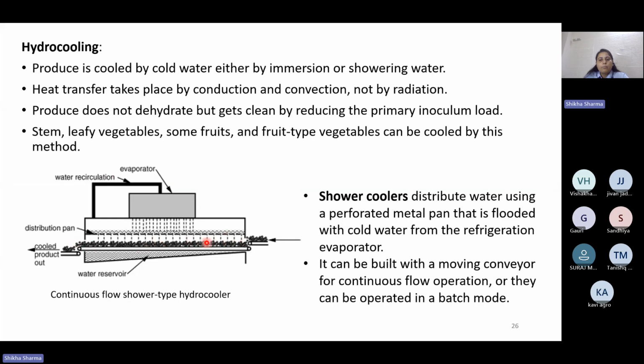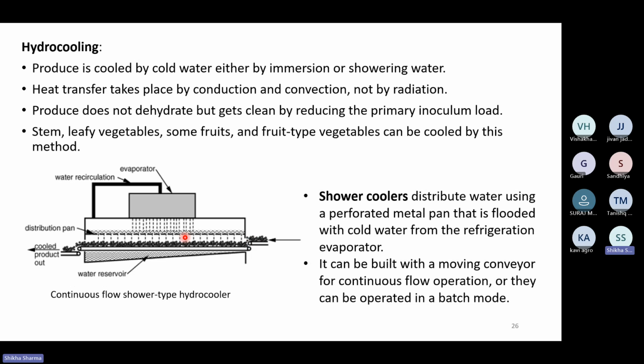It can be built using a moving conveyor for continuous flow operation, or it can even be operated in batch. So cold water will come from above, and at the bottom the food product will be there.